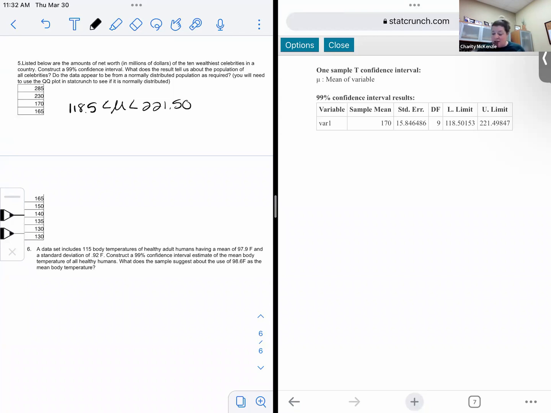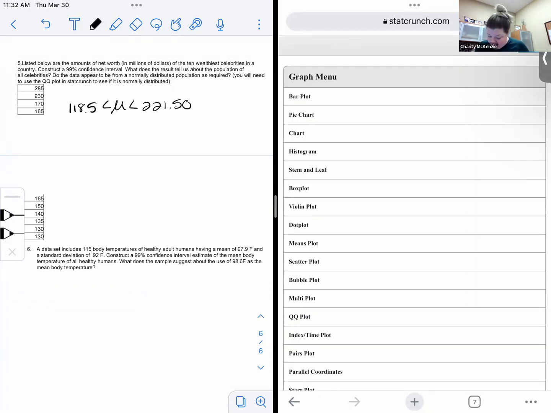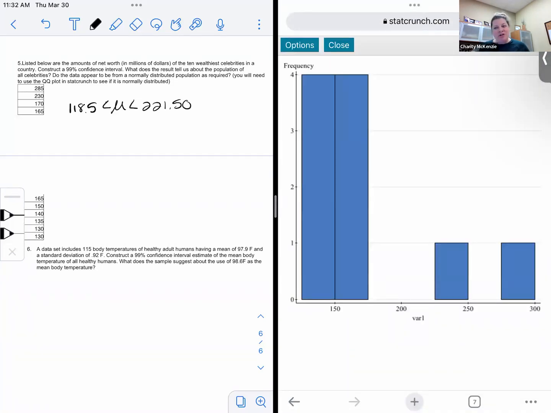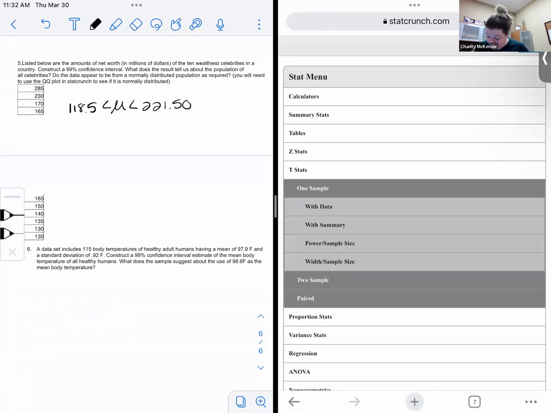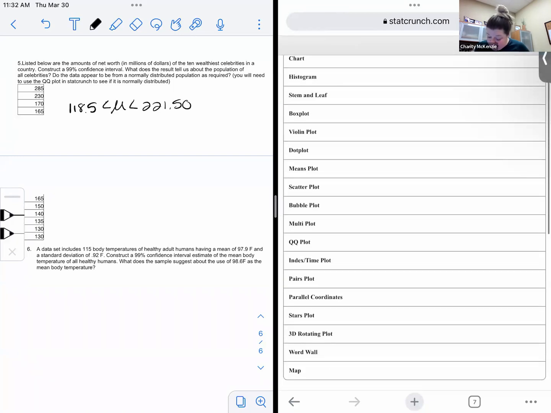Well, let's look. If we want to look at whether it's normally distributed, we could graph a histogram of that data. Does that look like a bell shape? No. The more accurate one is a QQ plot.